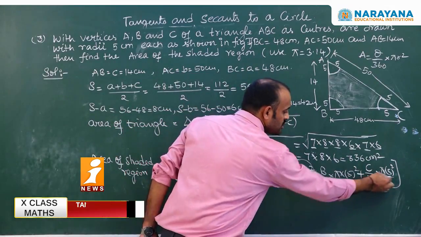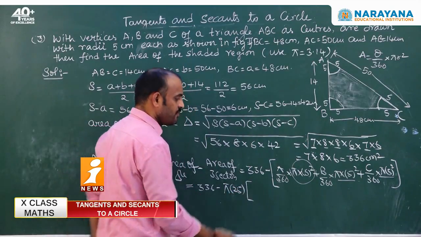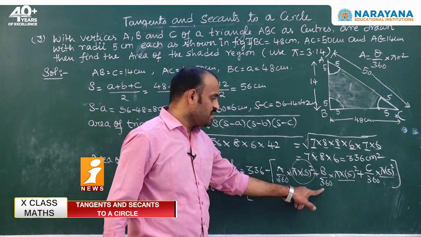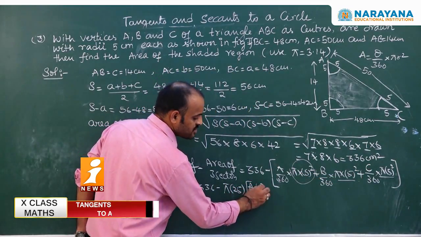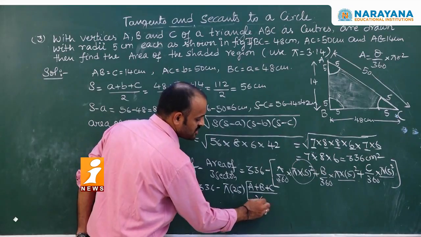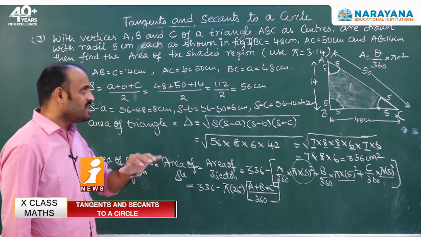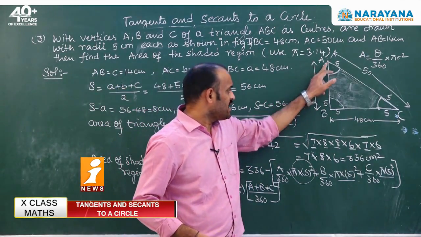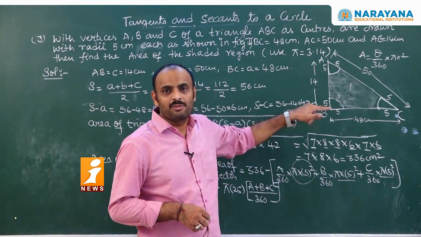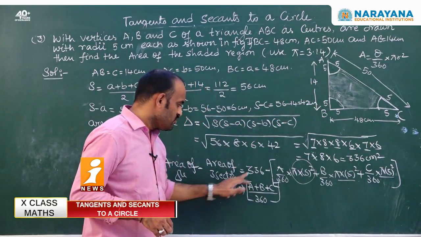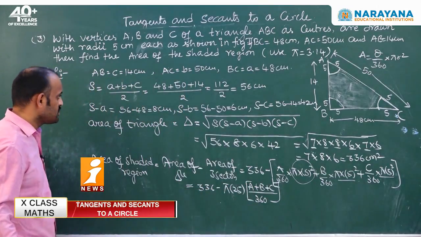I will write pi into 25 into A by 360 plus B by 360 plus C by 360. That means (A plus B plus C) by 360. We all know that angle A plus angle B plus angle C is 180, by the angle sum property. So 180 by 360.